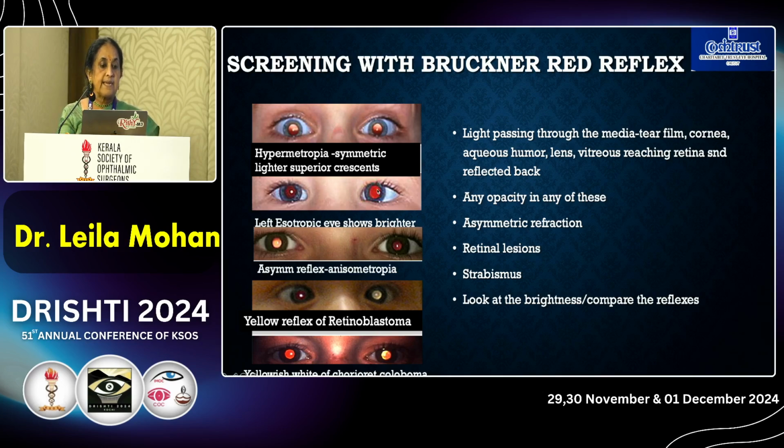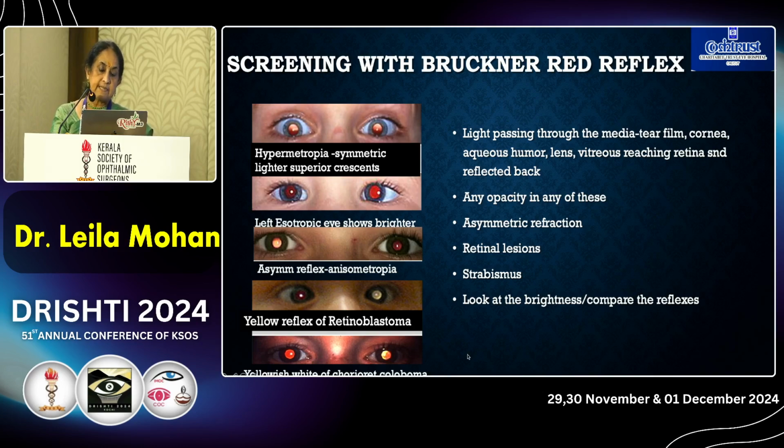Here there is a brighter left red reflex, which shows that there is a strabismus. This is esotropia. In the asymmetric reflex, the right is brighter, meaning it is anisometropia, right being the more ametropic one. And this yellow reflex is that of a retinoblastoma, yellow-white, chorioretinal coloboma.